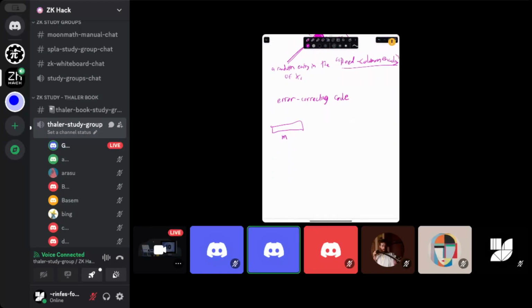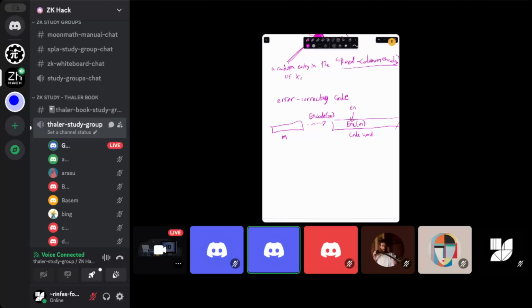And what a code will do is it will take the message and encode it to get out what's called a code word. You might abbreviate this enc of M, but this enc is not encryption.